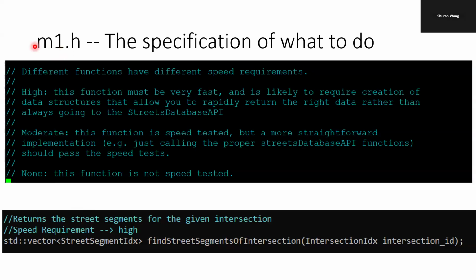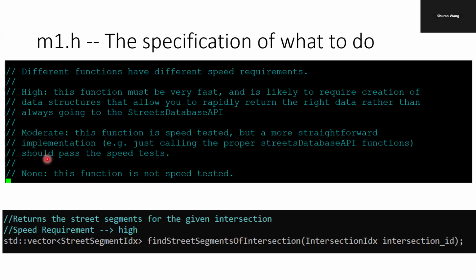In m1.h, there's this chunk of comment saying the speed requirements for each of the functions. For high speed requirement, this function must be very, very fast and is likely to require creation of global data structures that allow you to rapidly return the right data rather than going into the streets database API and building the vector each time.